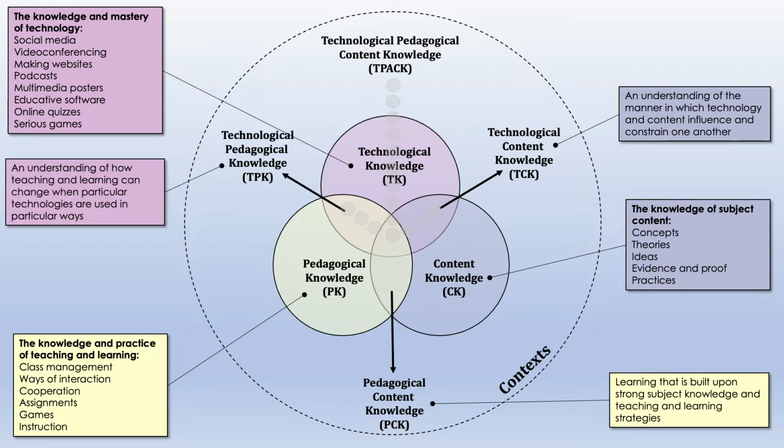And then the third overlap, the technological pedagogical knowledge. This is all about understanding how teaching and learning can change when you use certain technologies in particular ways. Knowing when to use a range of tools and their appropriateness within different pedagogical designs and strategies.